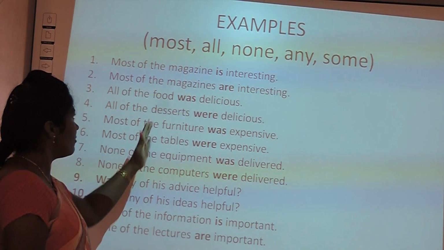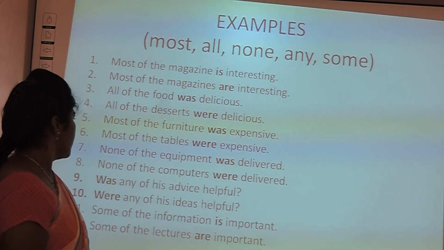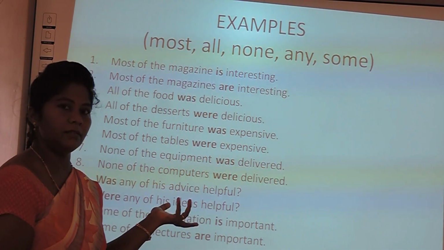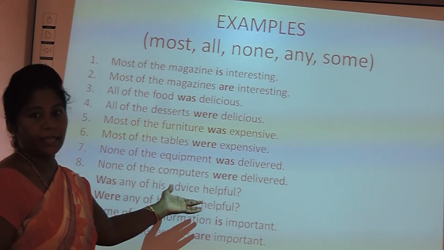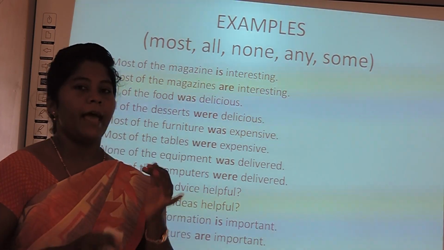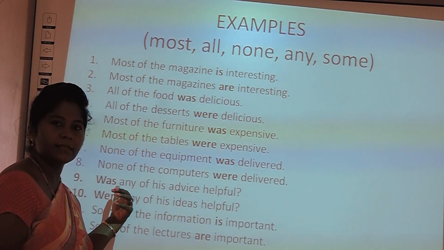So the indefinite pronoun is following the verb. Here "any" is an indefinite pronoun, and can you find the uncountable noun? Advice. Exactly. Advice is an uncountable noun, and an uncountable noun takes a singular verb, which is "was".